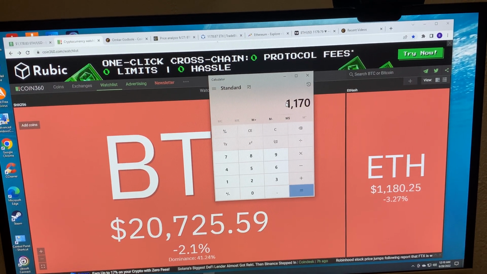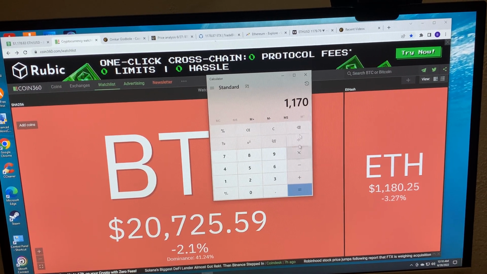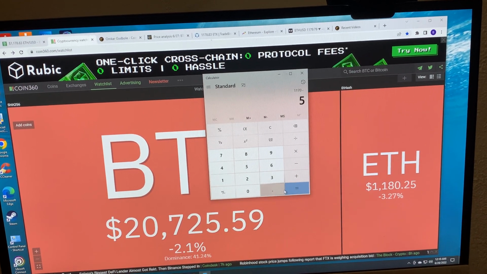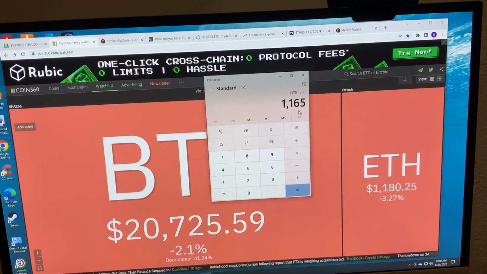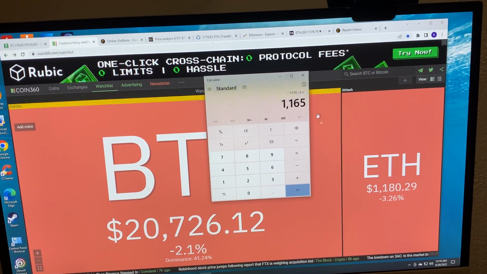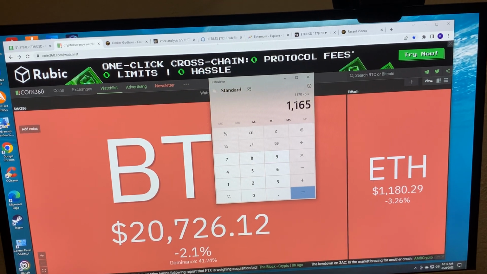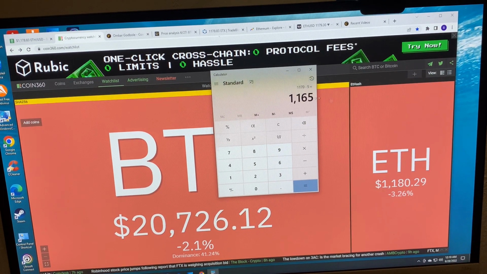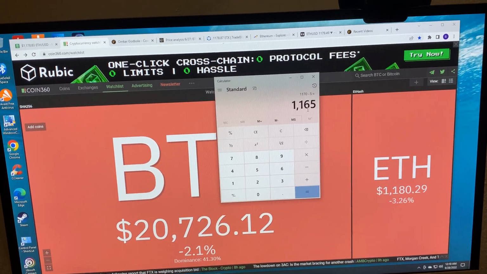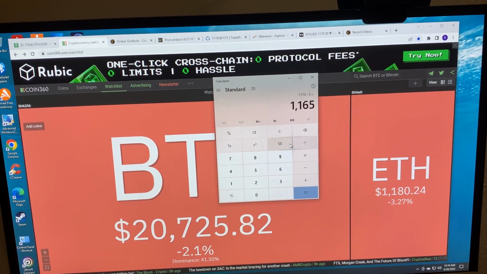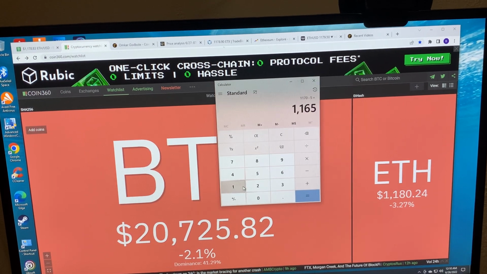So what's going to happen is that it will execute at 1165. Why? Because they got to make the money. The app, Robinhood, that's how they make their money. So at 1165 is when it will execute, because they got to make their money somehow. So that's not a problem. You bought 1170, so they make their money at 1165.